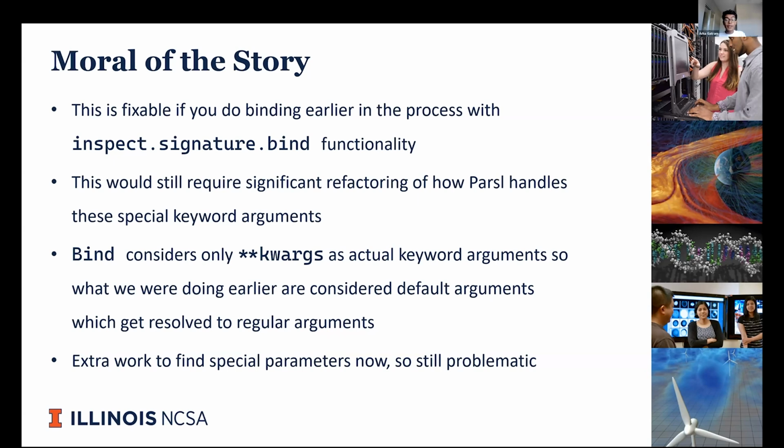According to the standard, these get thrown in with the regular arguments and are resolved as such. Now this is extra work because regular arguments are just a tuple, so you don't have the names associated with the parameters. So it's still more work to find the special parameters, and this is still a potentially problematic approach.